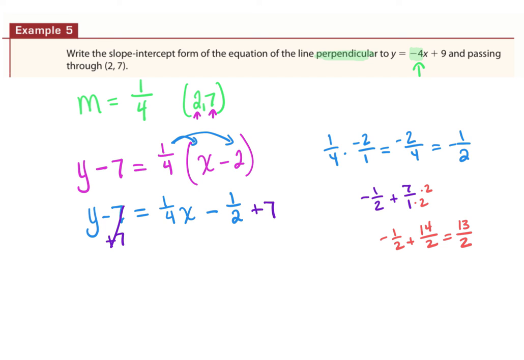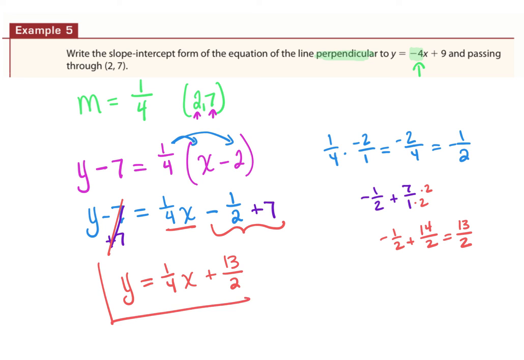So I end up with, I've already canceled my 7 over here, so I have y equals 1/4 x, and when I simplify this, negative 1/2 and 7, I get 13 halves. That is the slope-intercept form of the line that is perpendicular to this line and goes through the point 2, 7.